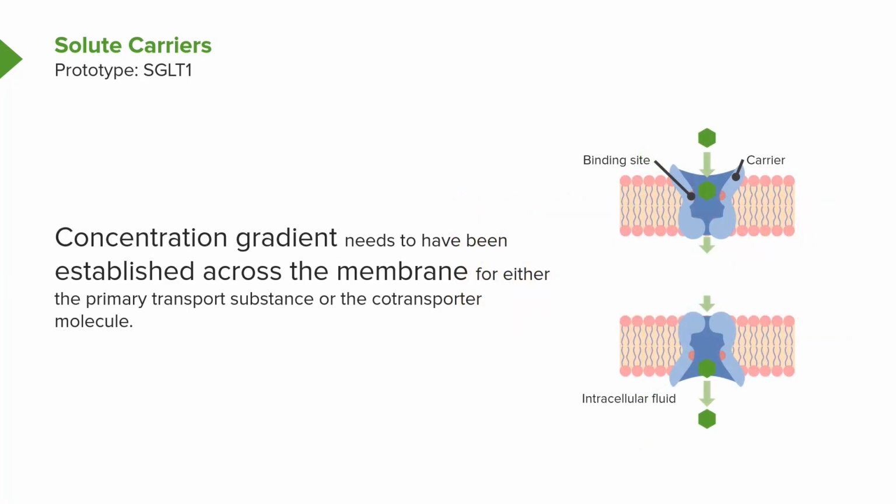What do you need for a solute carrier to work well? The big thing is you need a concentration gradient. So similar to a pore and similar to an ion channel, you need to have the concentration gradient developed already. The other thing that you need is to make sure of the transport substance: does it transport by itself or does it need a co-transporter molecule?